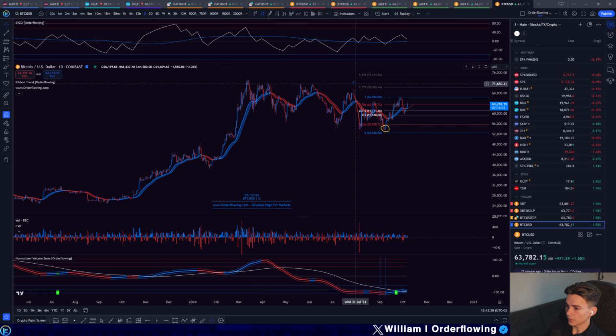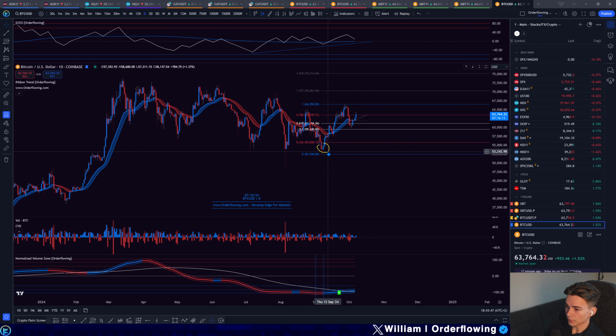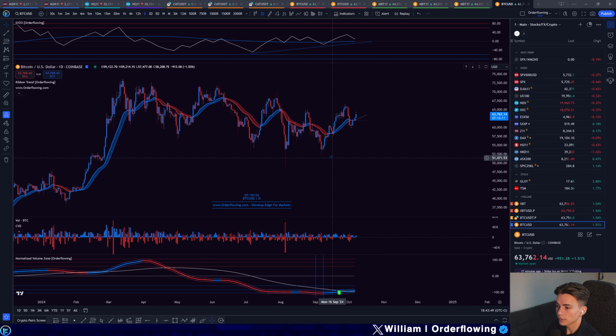But if we take a look at the divergence that we are printing here as well, this is going higher, and the chart actually made a lower print on the wick here. If I remove this, we actually had a divergence here as well, because it trended higher on the indicator, but lower on the chart itself.